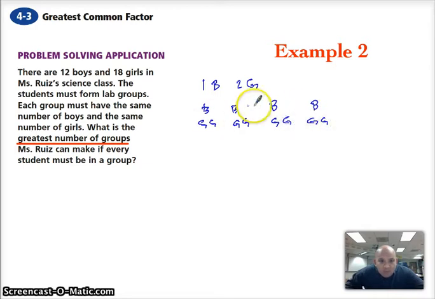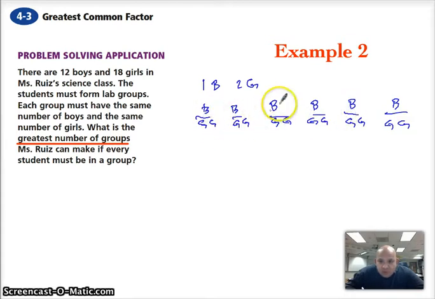So far we've got 4 boys and we've got 12. Well, maybe I have 12 groups here. Let's see. 2 girls per group. Continuing. Looks like I have 2, 4, 6, 8, 10, 12. So here's the different groups.